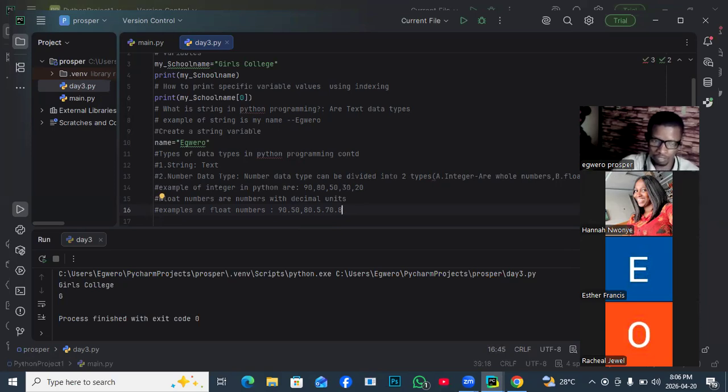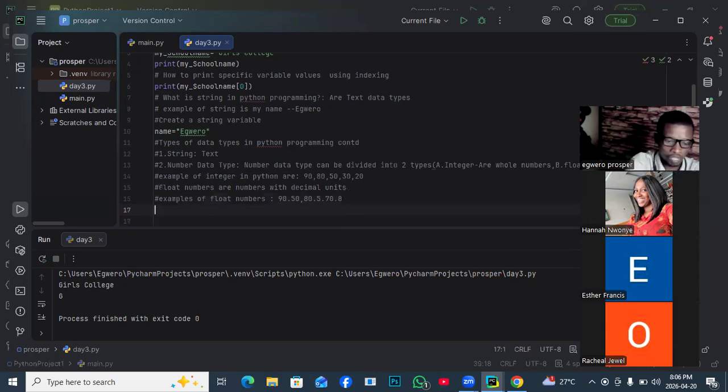Is that taken? Let's look at another name for float numbers in case you come across it in any computer material. Note it down. Another name for float numbers is double.